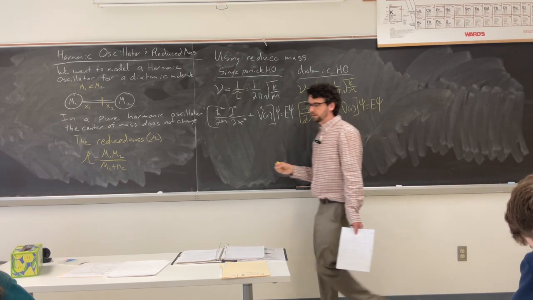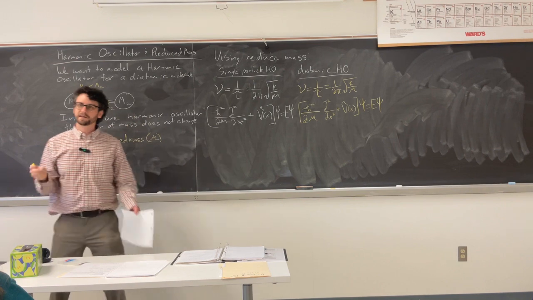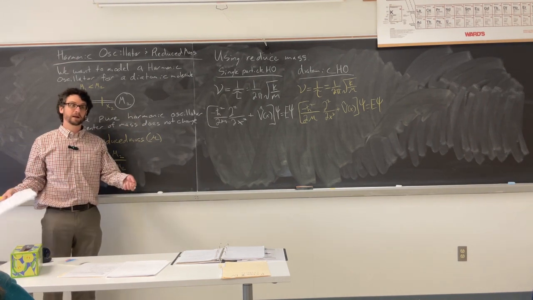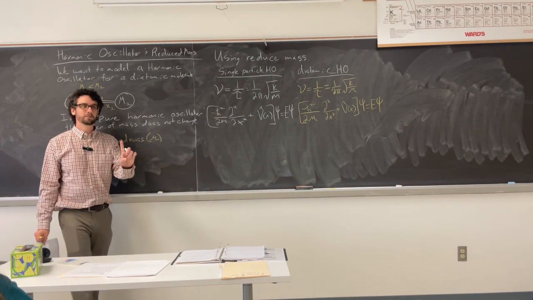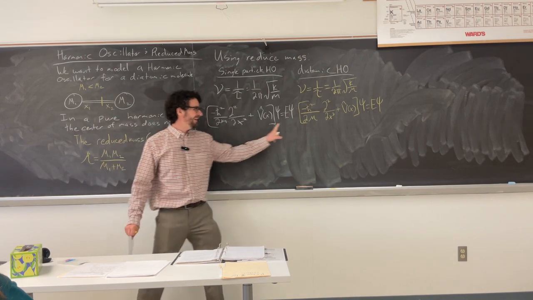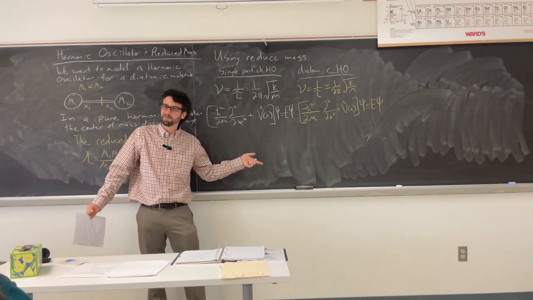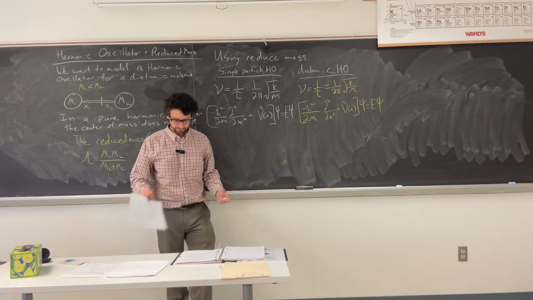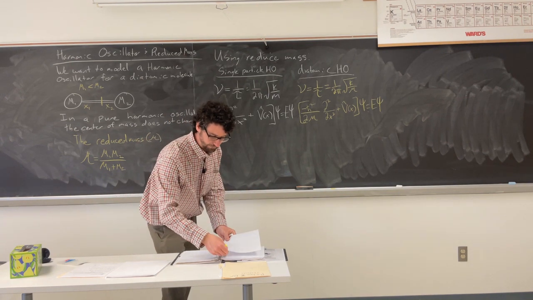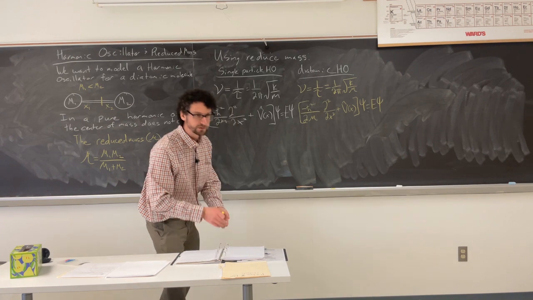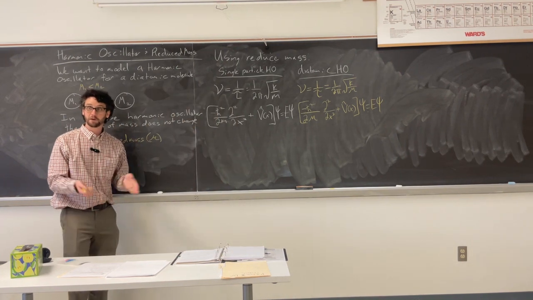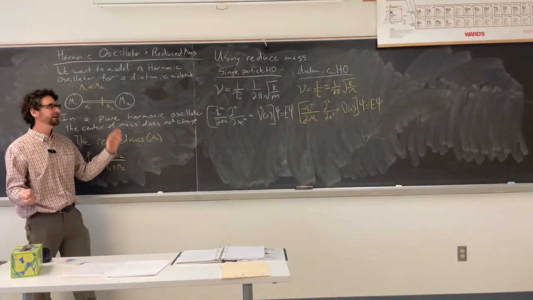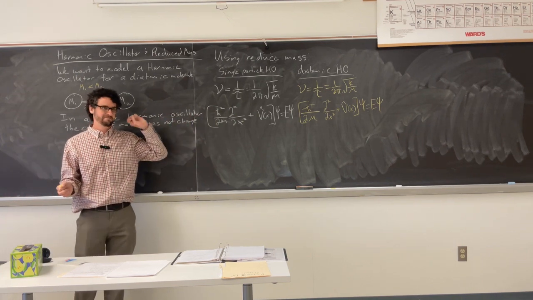So now we can express a complicated system that would normally depend on two parameters with one parameter, and all we have to do is swap. Every time we have an m, we just swap in a mu, and we're good to go.